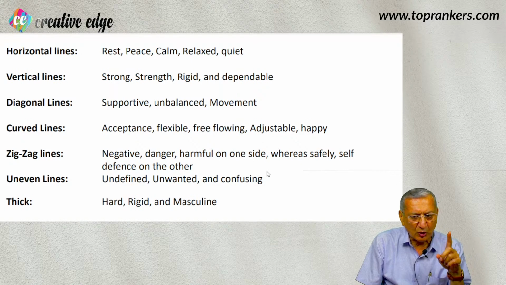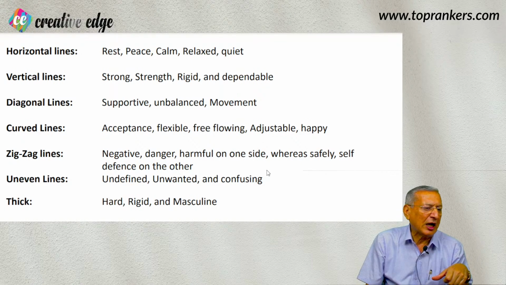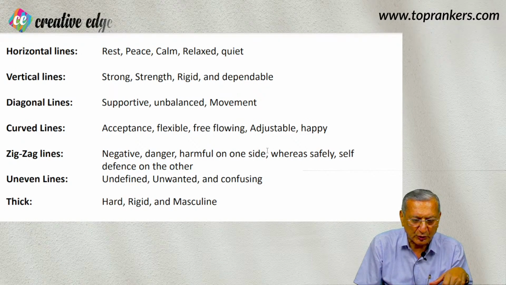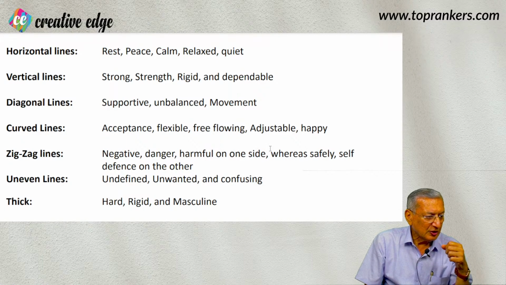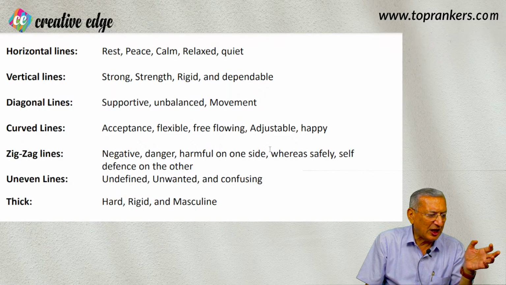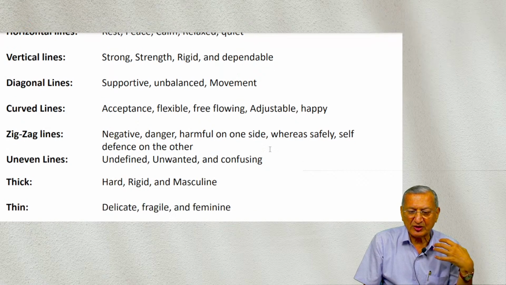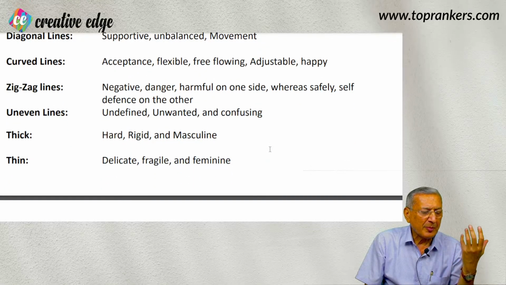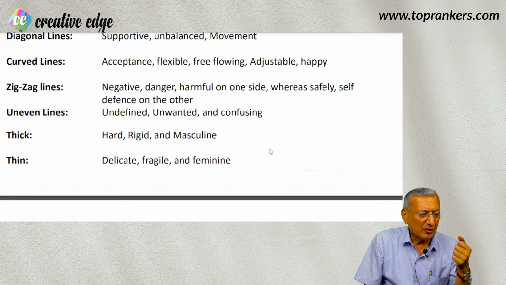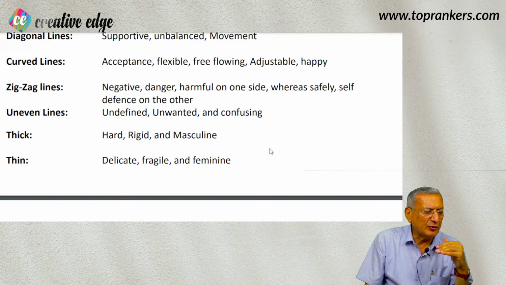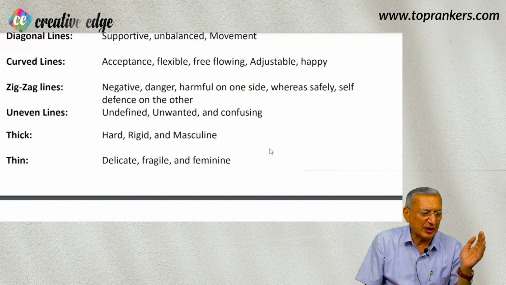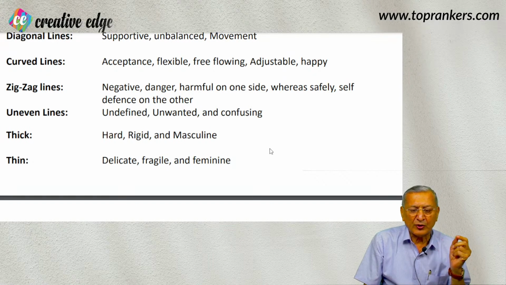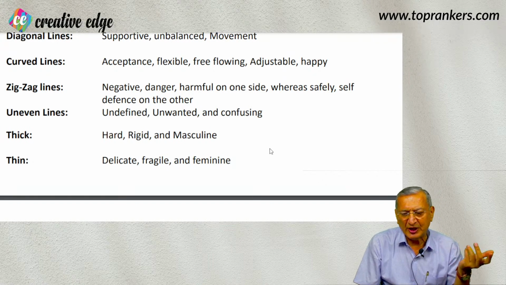I have done the whole practical on this, so I am going to reveal that as well for you. Now thick lines, as you know, they are hard, rigid, and give a masculine feel, whereas a thin line gives you a feel of delicate, fragileness, and feminine.